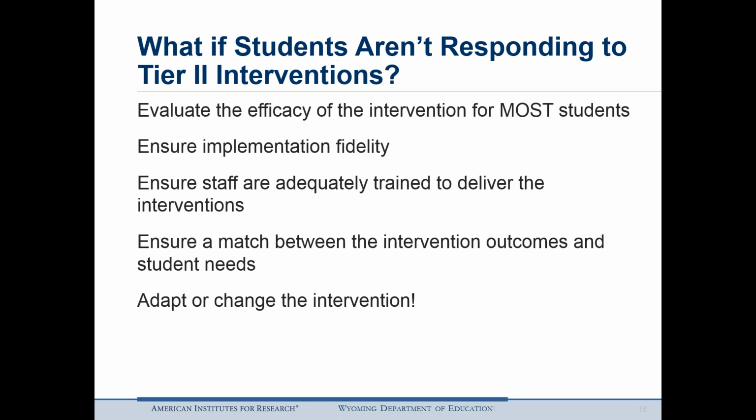Changing or adapting the intervention is the most resource intensive and should only be done when implementation and intervention factors have been ruled out. In Module 7, Data-Based Individualization for Tier 3, you will learn more about how to use a systematic, validated process for intensifying Tier 2 interventions for students who have not responded.